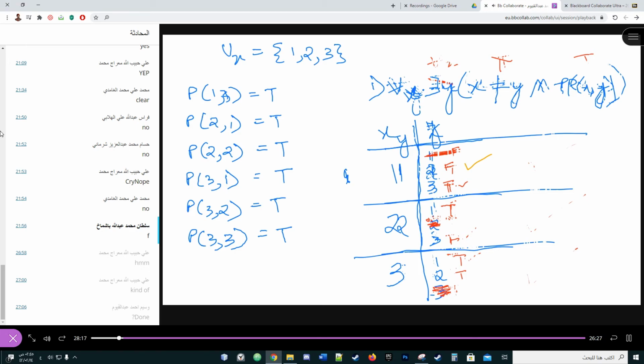For 2 also it is true. But for 3, both values are true. We need at least one false. Because this expression should be true for all x, and it is not true for x equal to 3, we say this expression is false. Is that clear?